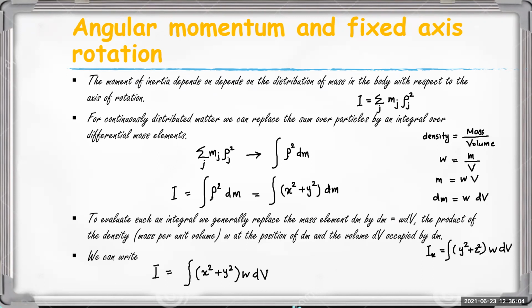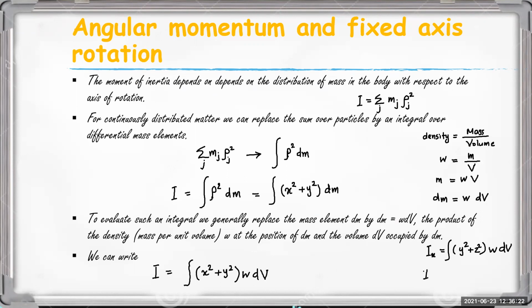Actual dv is equal to the product of dx, dy, dz. But this rho is the perpendicular distance from the axis of rotation. Here the axis of rotation is x, then the perpendicular distance squared is y square plus z square.